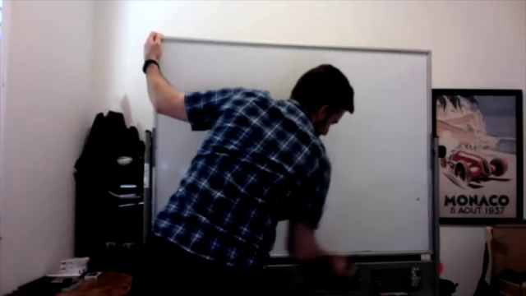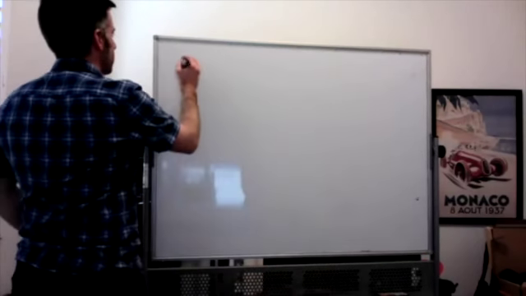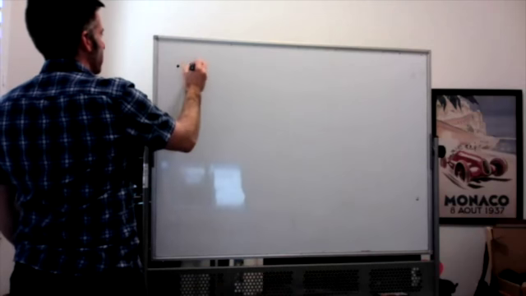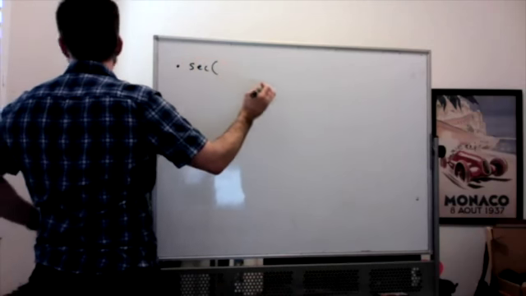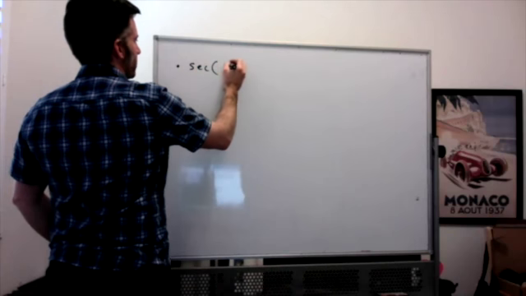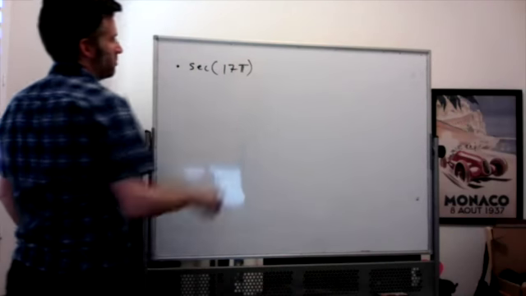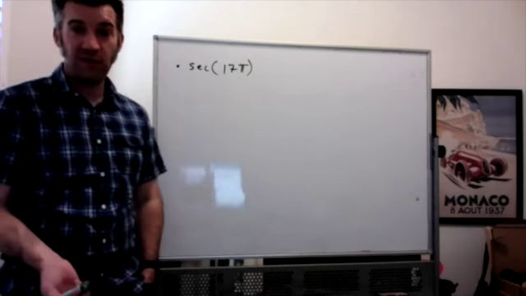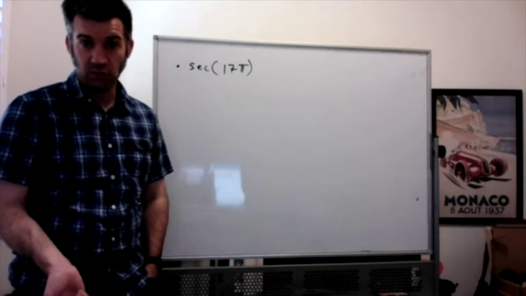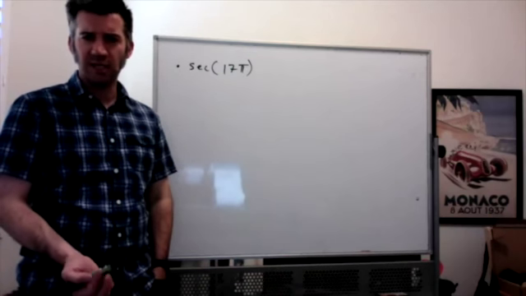So let's just make it a little bit easier for a second. What if I wanted to find secant of 17 pi? Well, it's definitely more than one full revolution. How many full revolutions is 17 pi?